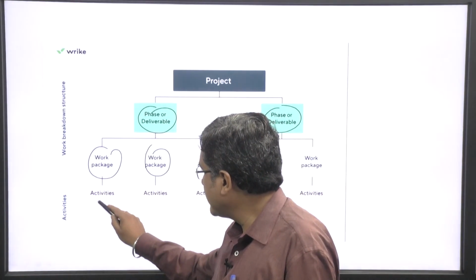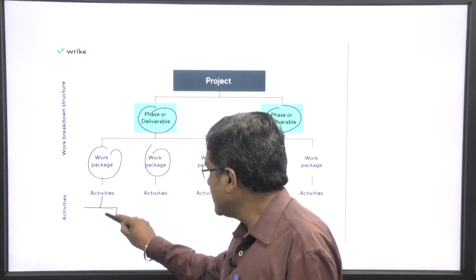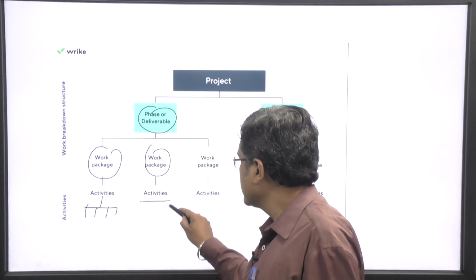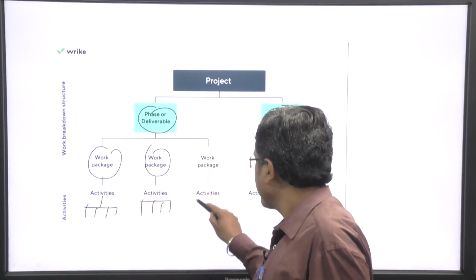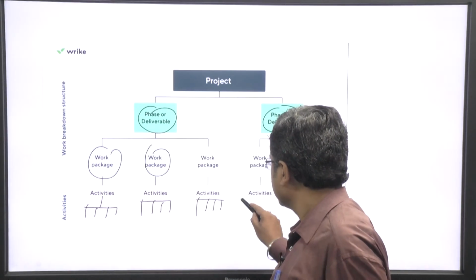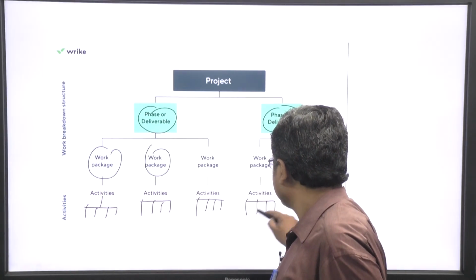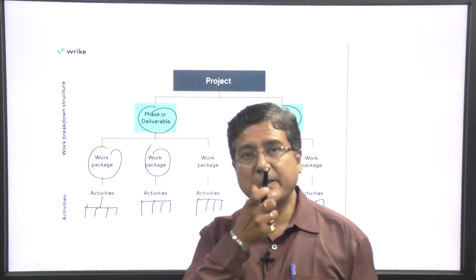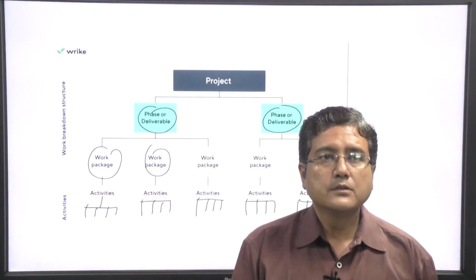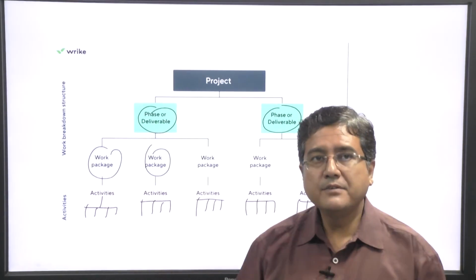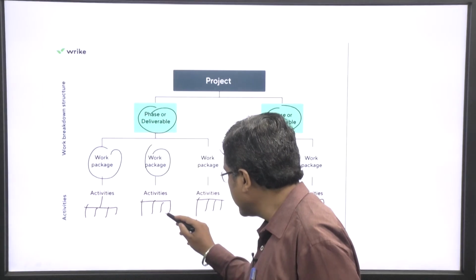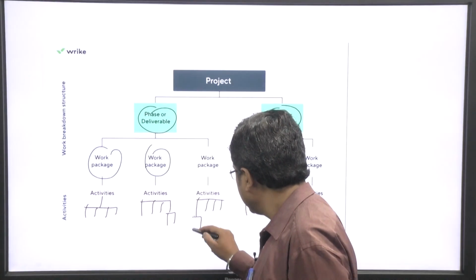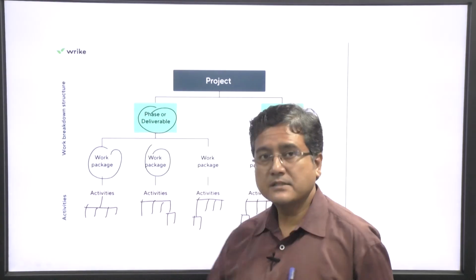We can add sub activities like 1, 2, 3, 4. These are the sub activities, and we can break down further if required. This is work breakdown.